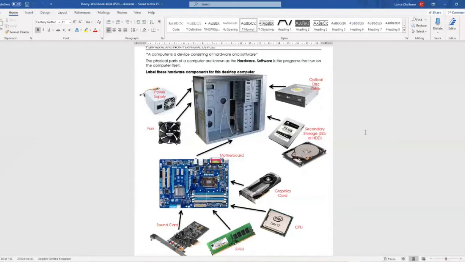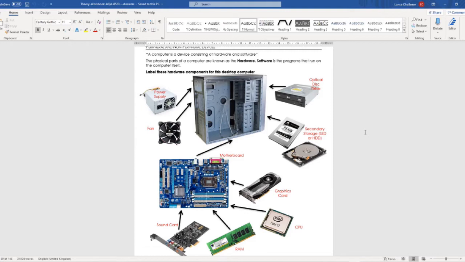Right, so these are the parts of a computer. Hopefully by now these are all familiar to you and you're able to label these correctly. If there's anything on there that you're not sure about, we've got our secondary storage on the right there. The three main kinds are an optical drive, so that's a laser drive, a hard disk drive, which is magnetic, and then a solid state drive, which is flash memory.